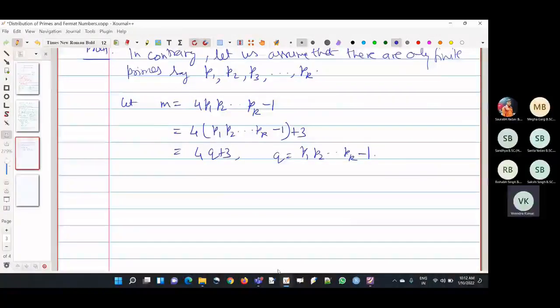So with the help of those finite primes, we have constructed a number m, and we have written that m in the form of 4q plus 3.